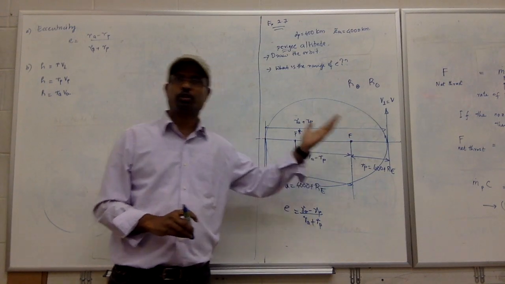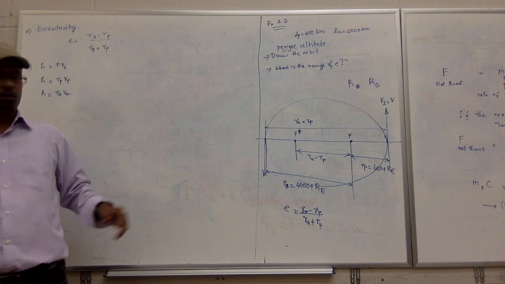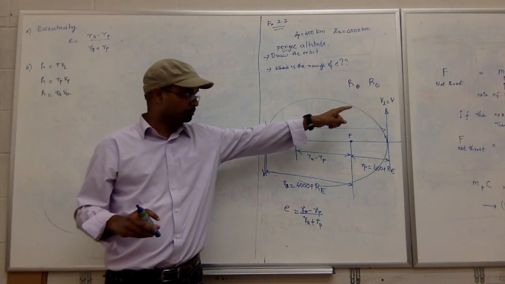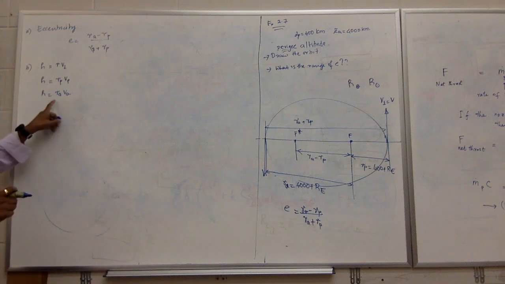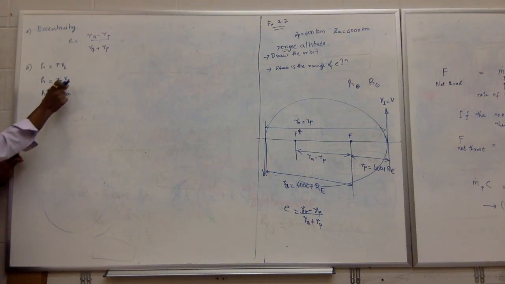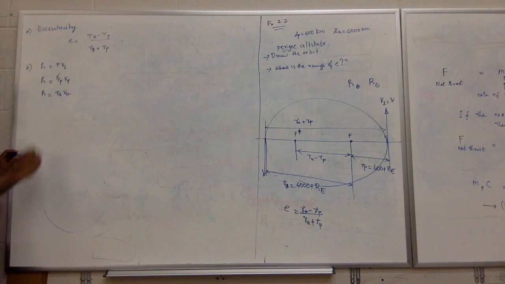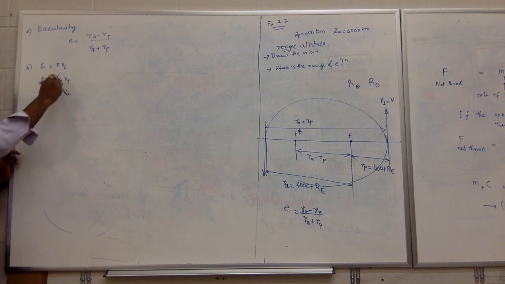It holds true for circular orbits as well, but for circular orbits, V perpendicular is always V. Once you calculate this, what is this? That's 400 plus RE. How do you find VP?